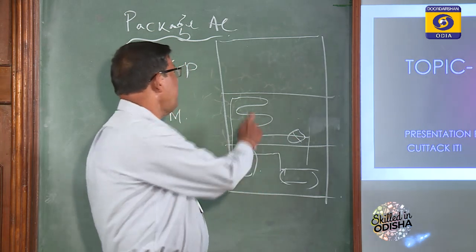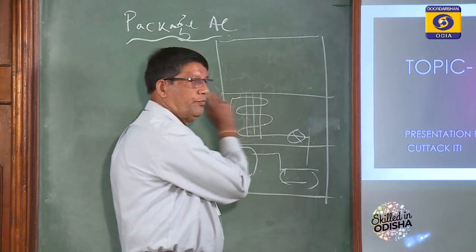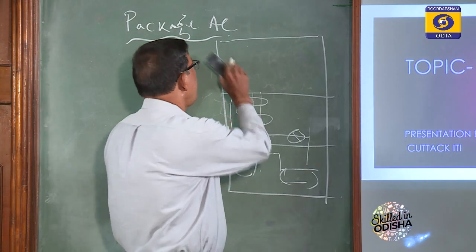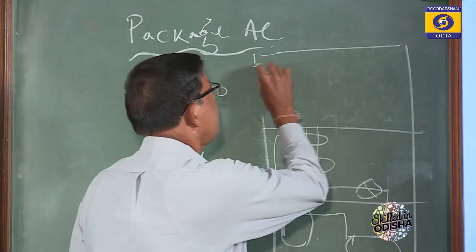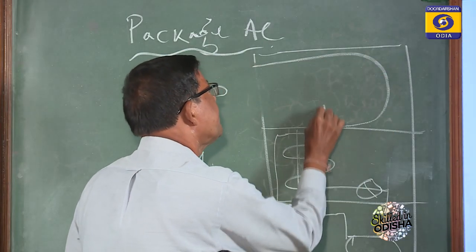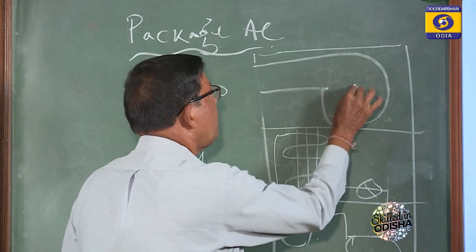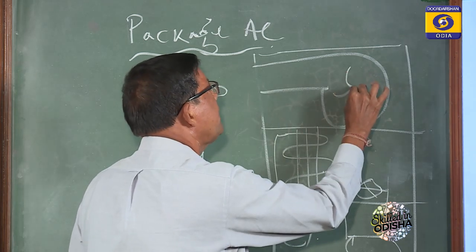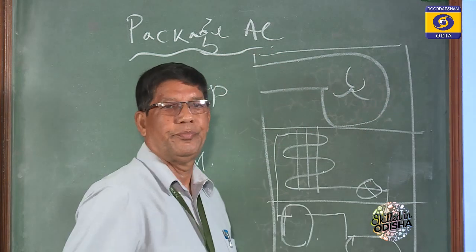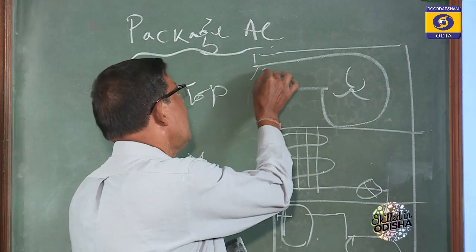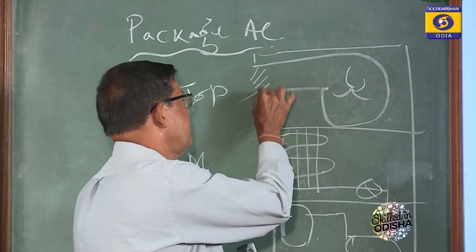This is your evaporator, and here is the air handling unit, just like a blower. A fan is there. All are grills.